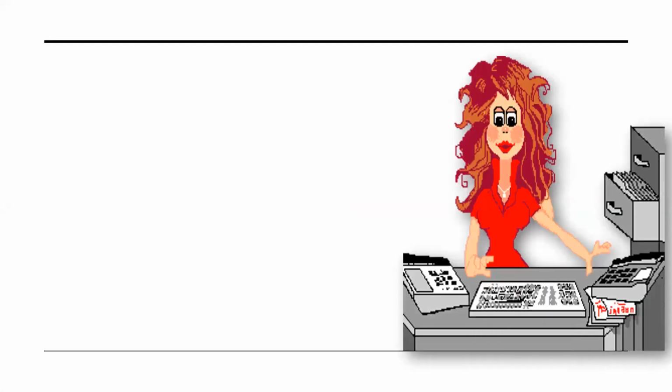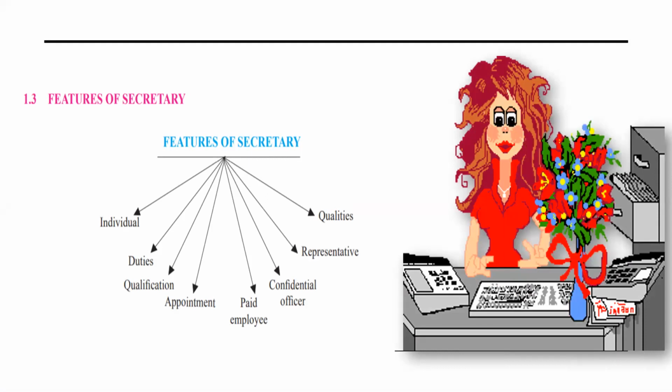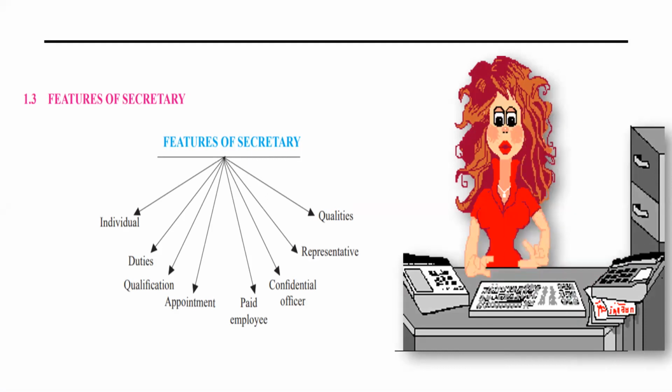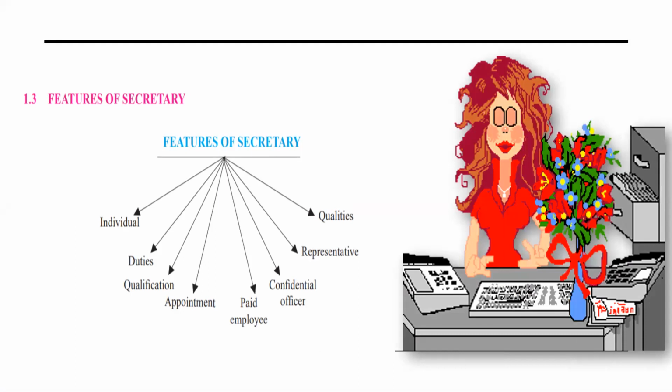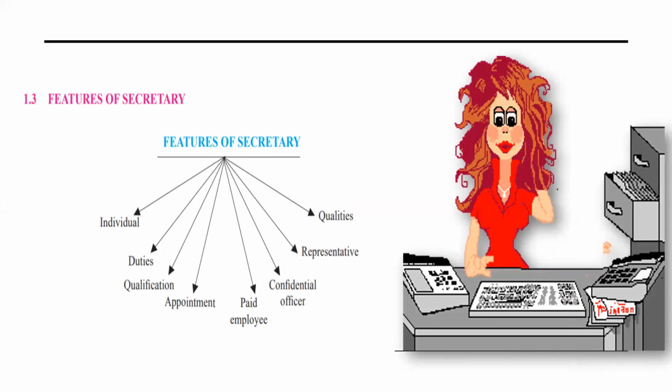So before moving on to the topic, let's have a quick revision of all the topics we covered in this particular lesson. We finished off with the meaning and definition of secretary. After that, we saw how the origin of secretary took place.